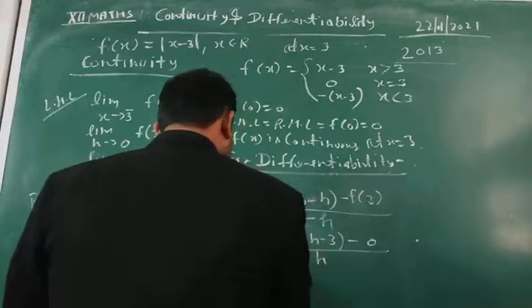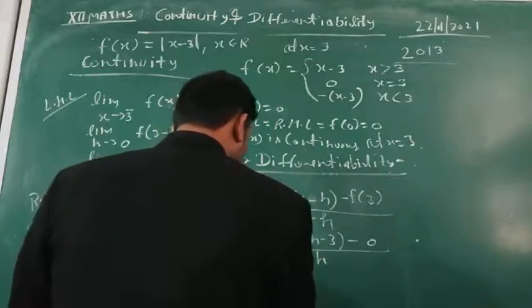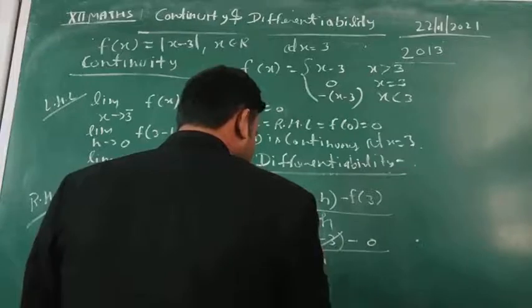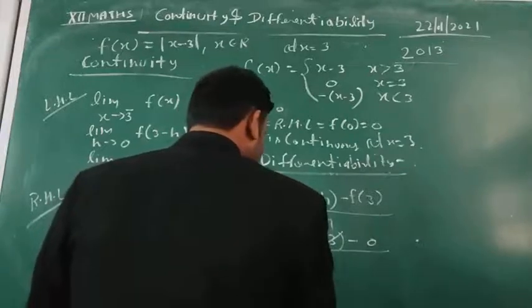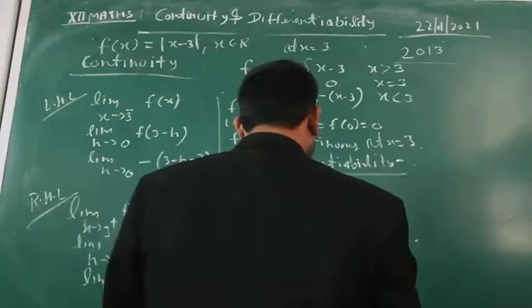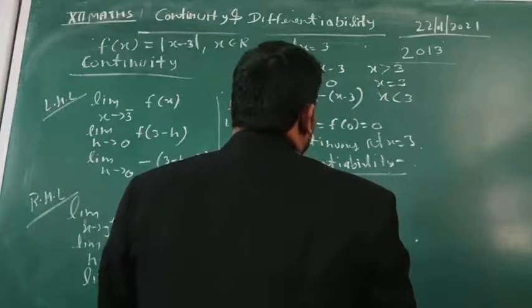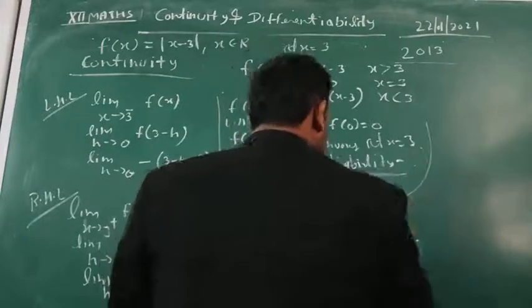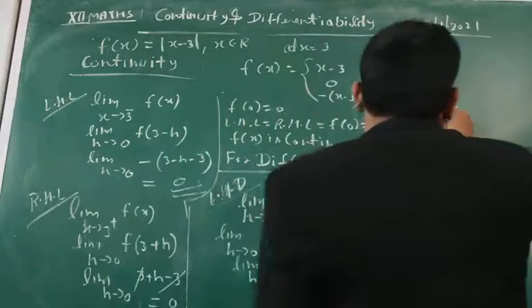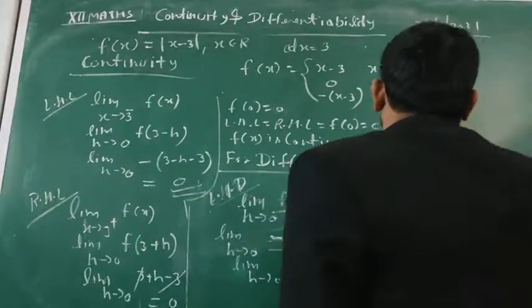And student, limit h tends to 0, this is cancelled and this is 0. f(3) is 0.